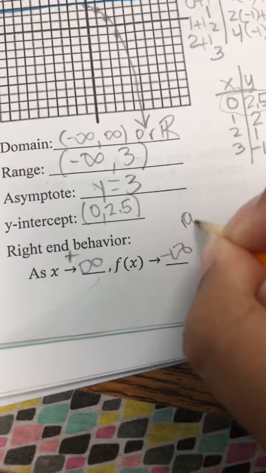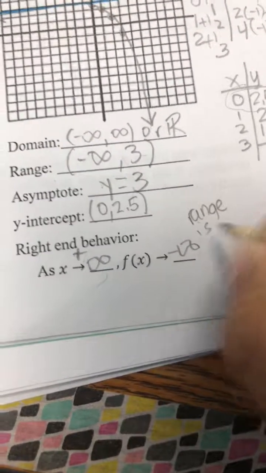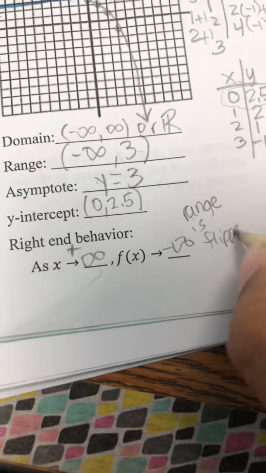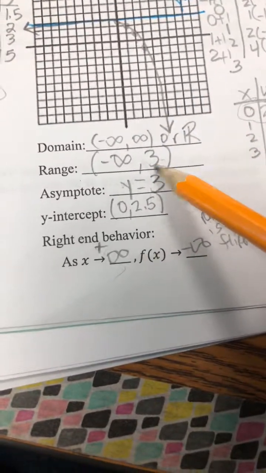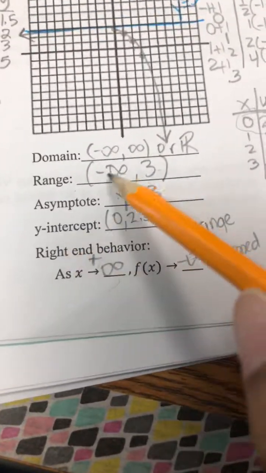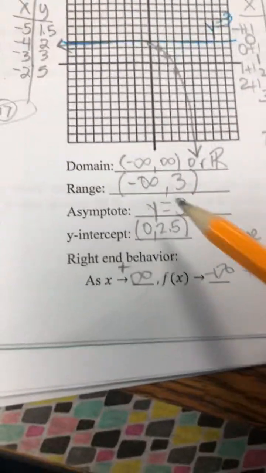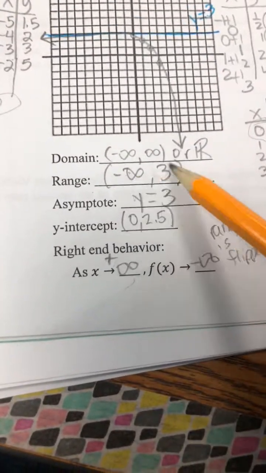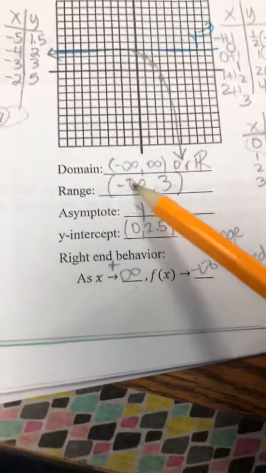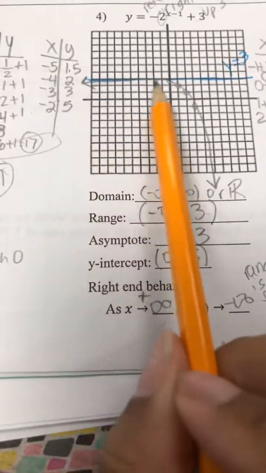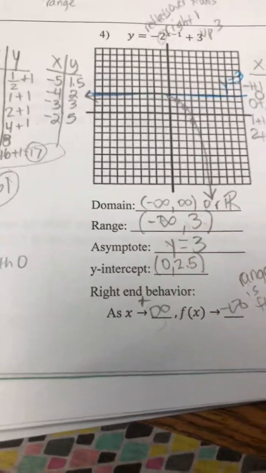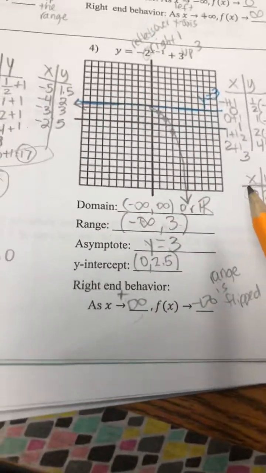So basically, the range is flipped. Because normally we take this number, put it for right end behavior, and take this number, put it for left end behavior. But because of the reflection, the range is kind of flipped, and we got to put this answer here for our right end behavior. Just follow to the right and see where you end up. That's really what it means.